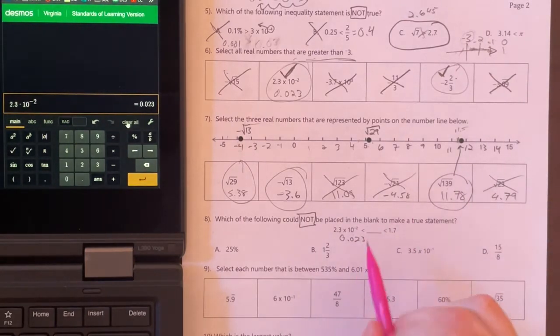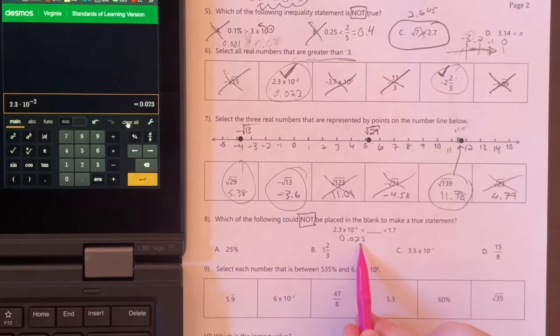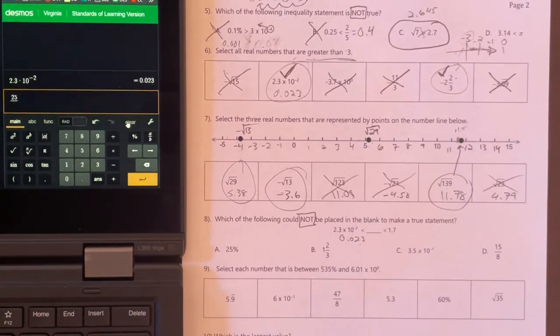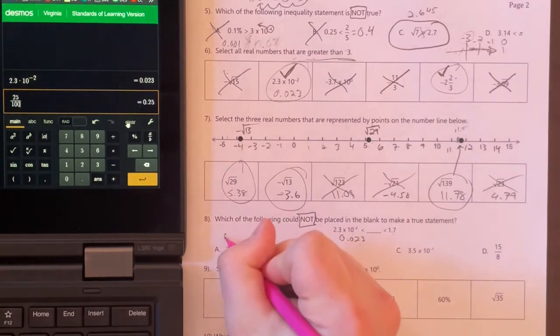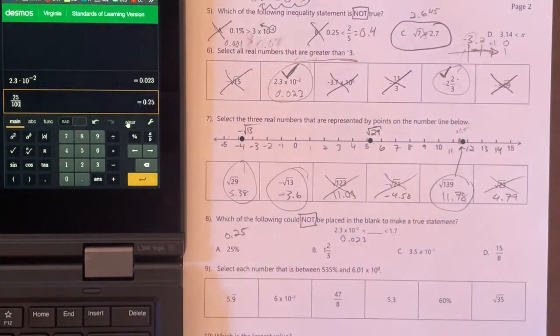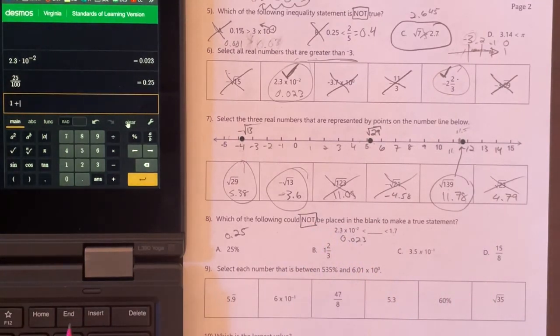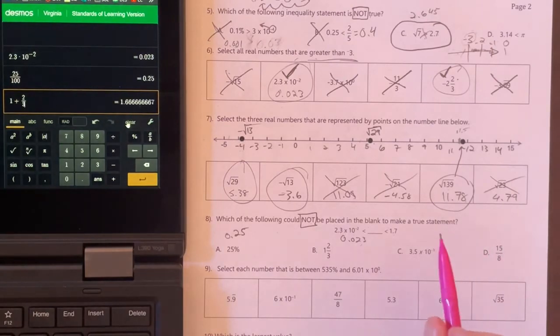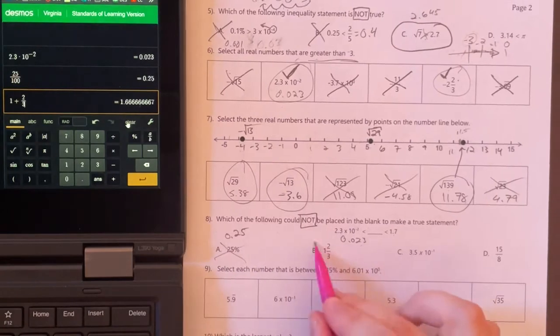We need to find a value that's greater than that, but less than 1.7. As we change these values over, we have 25%, which is 25 divided by 100, so 0.25. That would work out, but we're looking for one that does not fit. We could say 1 and 2 over 3, so that 1.6 also works out, so it can't be that one.